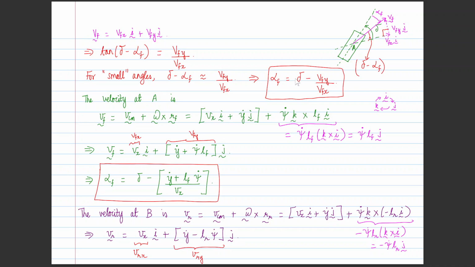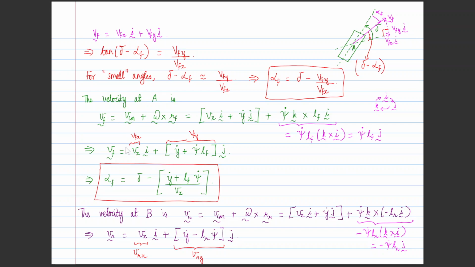So alpha f can be written as delta minus Vfy by Vfx. The velocity at point A is Vf, which is Vcm plus omega cross Rf.